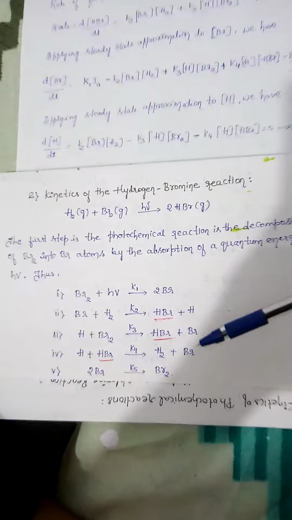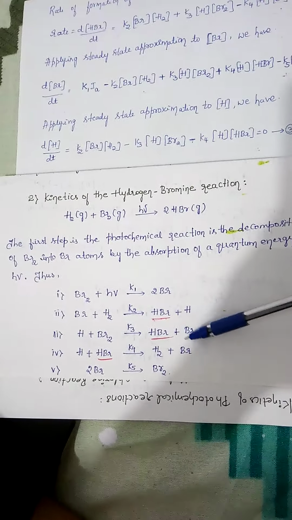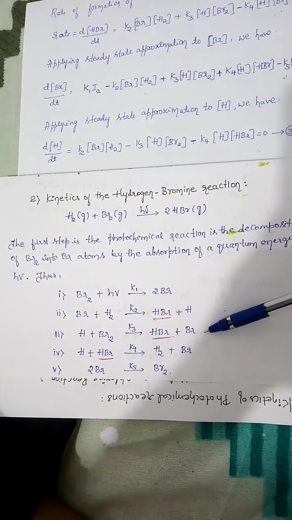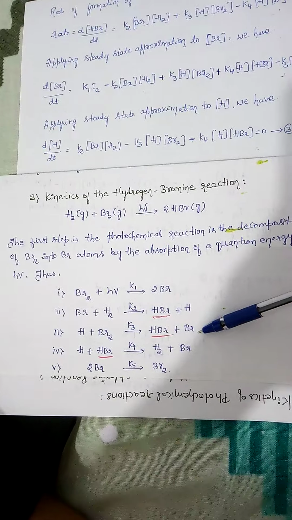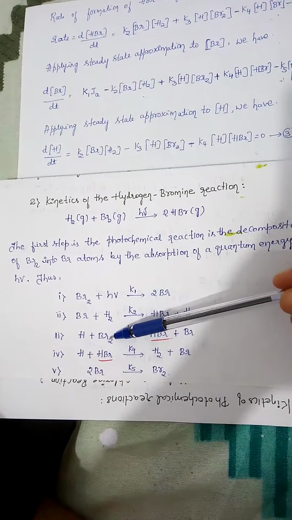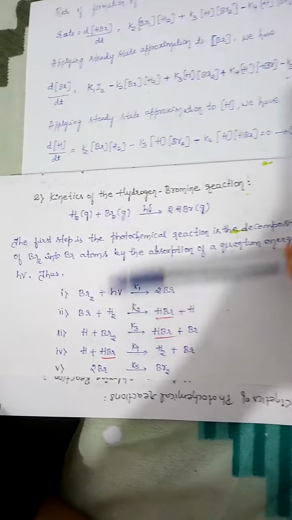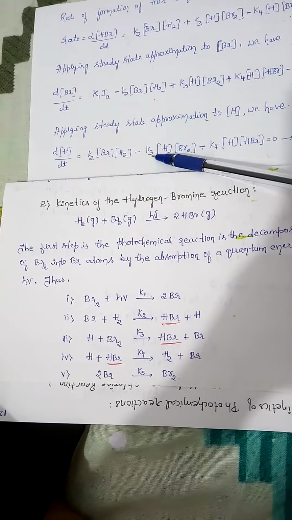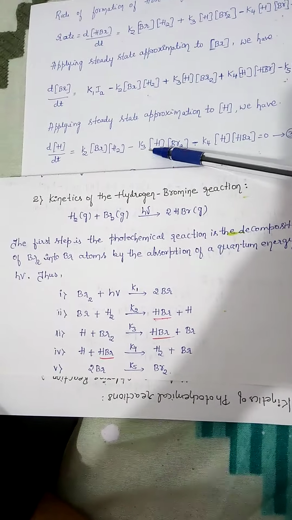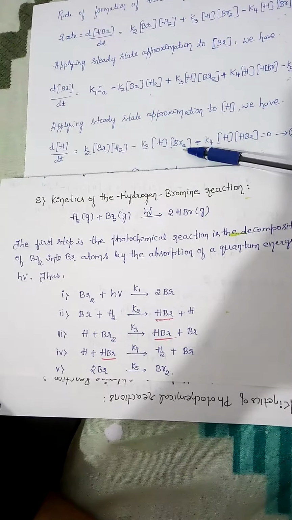And find out the bromine atom. In the third step, the bromine is present in the product side, and it is in the reactant side also, so you have to consider this one. That's why minus K3, the rate constant for the third step. So put minus K3 into concentration of H into concentration of Br2.